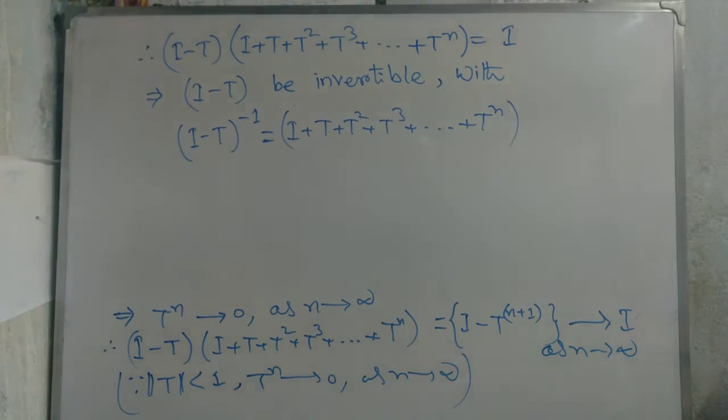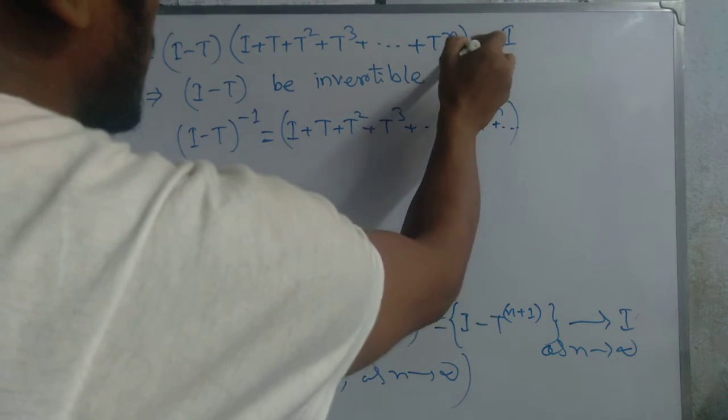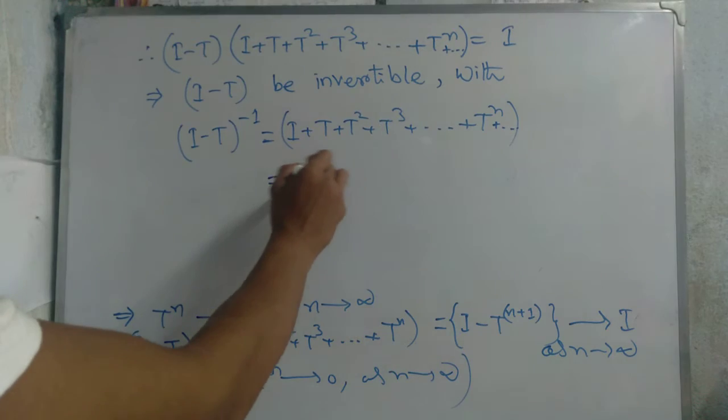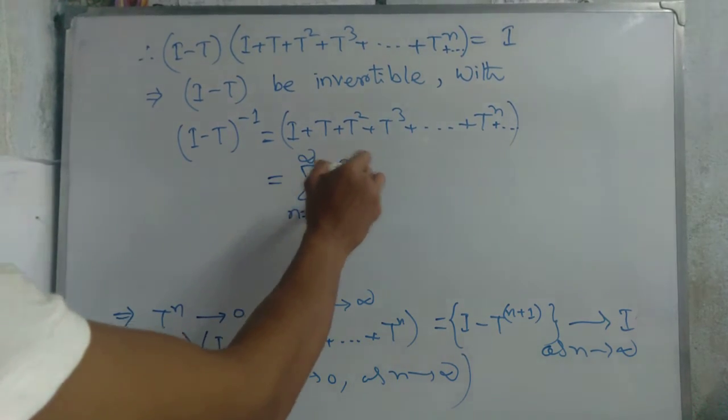Okay, and obviously, as n tends to infinity, this limit exists. So we write this as the sum from n equal to 0 to infinity of t to the power n.